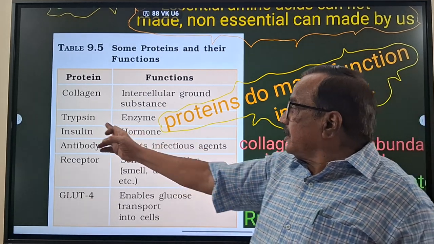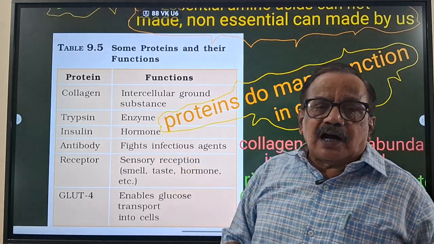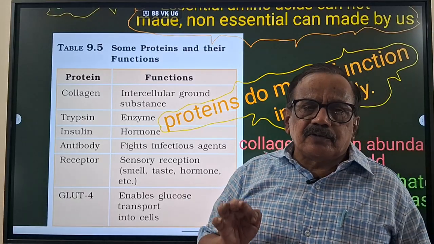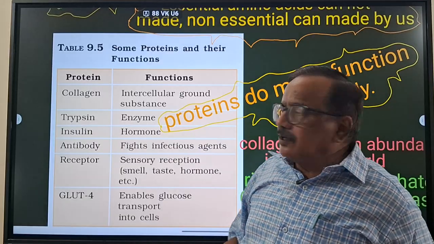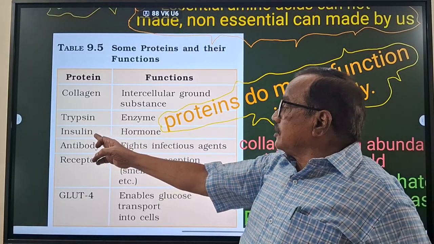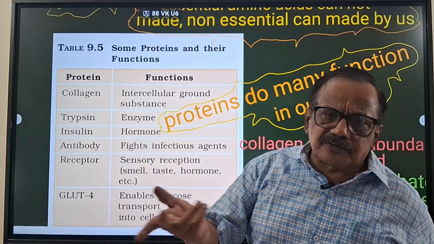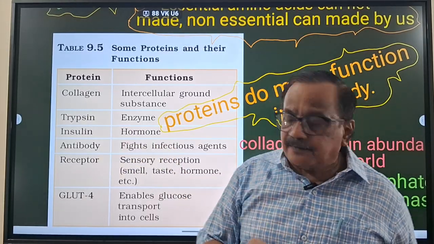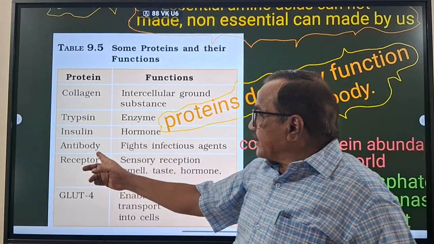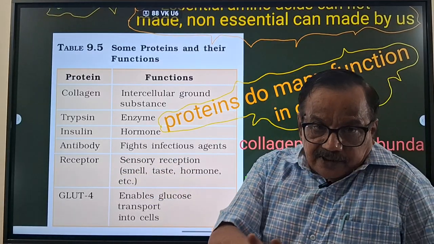Next, trypsin. It is an enzyme. All the enzymes except ribozyme are proteins only. And insulin, which sugar patients use, is a hormone. It is also a protein. And antibodies are also nothing but proteins.